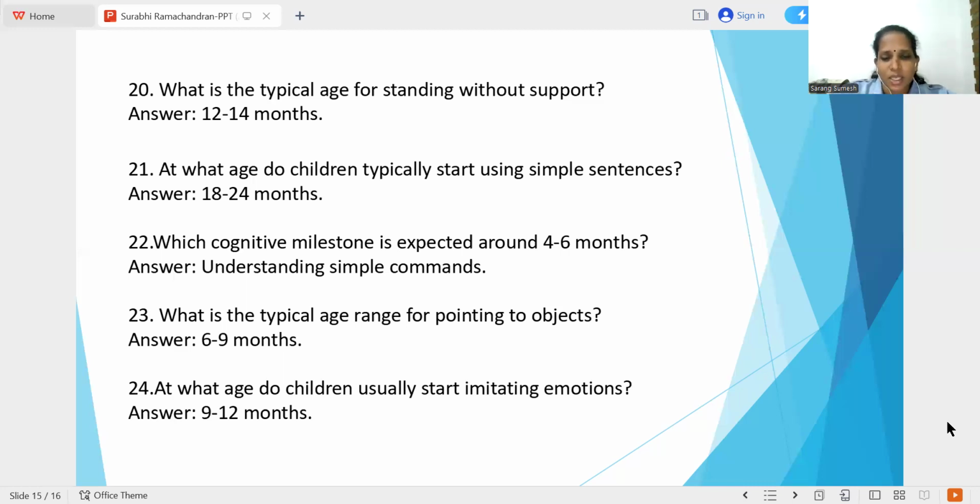What is the typical age range for pointing to objects? 6 to 9 months, during infancy the child will point out objects. At what age do children usually start imitating emotions? 9 to 12 months.